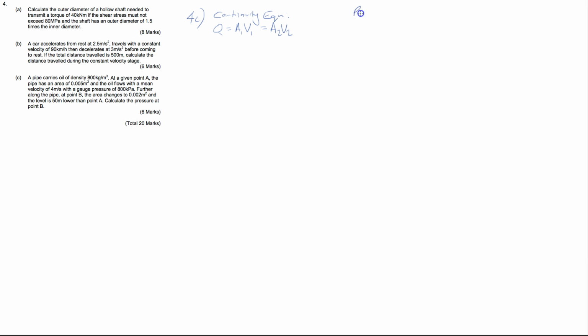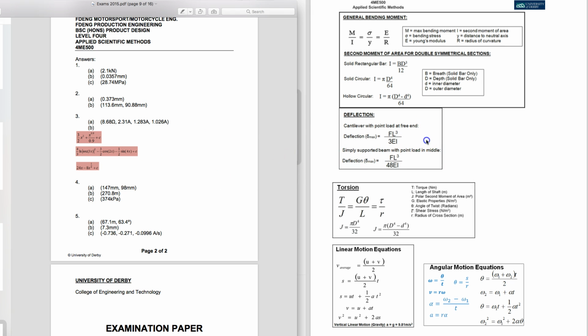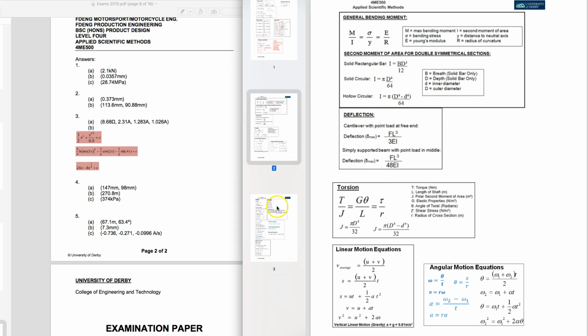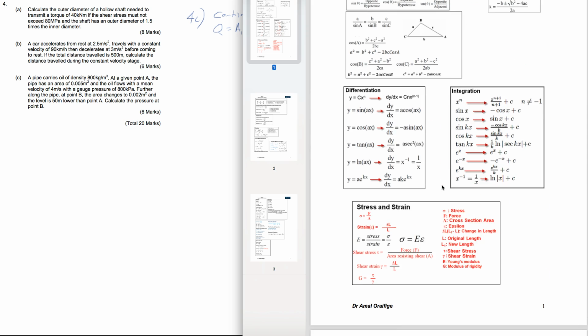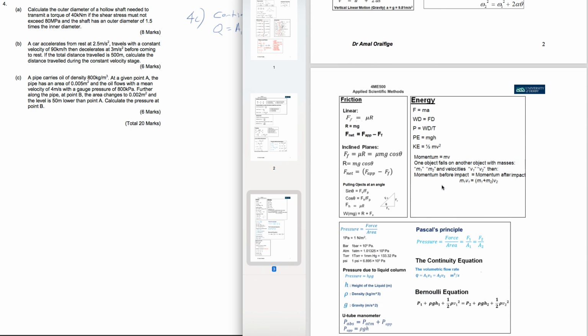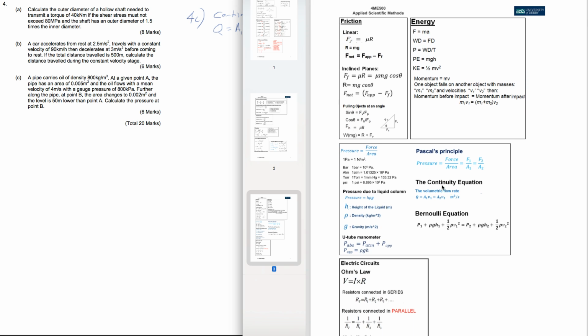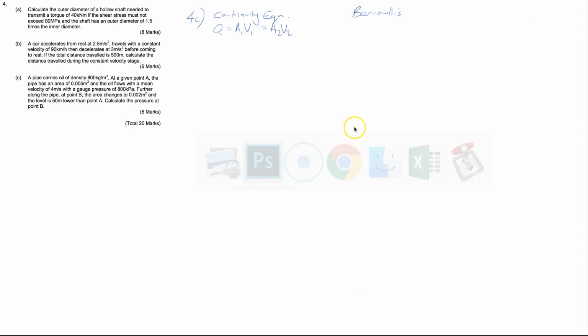And then we've got Bernoulli, which is the beast. Look it up on the formula sheet. It'll be on there somewhere, you would hope. Continuity equation and Bernoulli's equation here. And Bernoulli just says that the energy is the same on both sides.